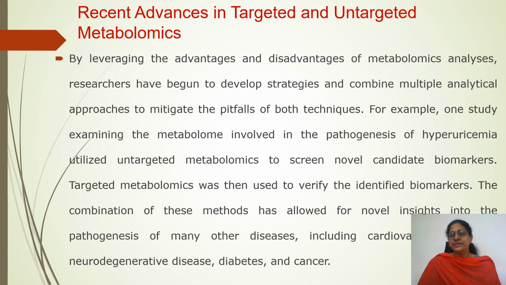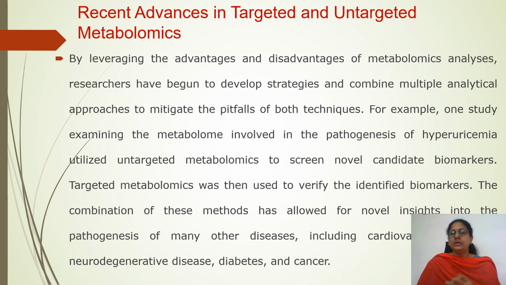So what they have mentioned here as a recent advance, in order to overcome the disadvantages, is that in this particular hyperuricemia study, first they applied an untargeted strategy and came to a conclusion, and then whatever biomarkers they identified were verified using a targeted strategy, like absolute quantification.